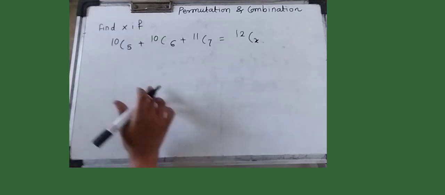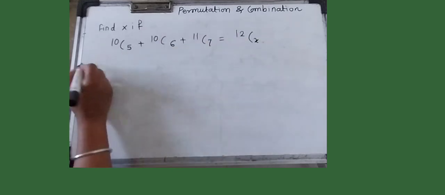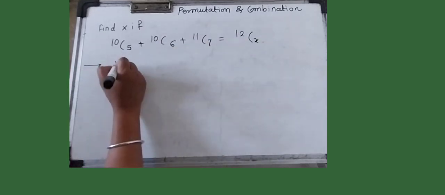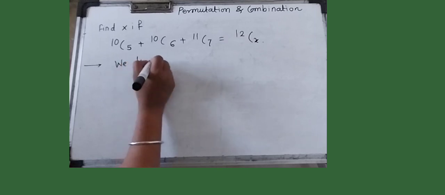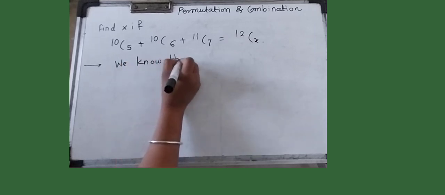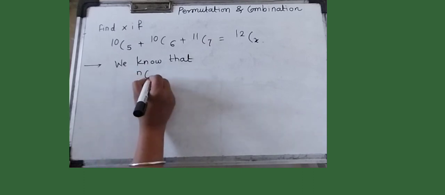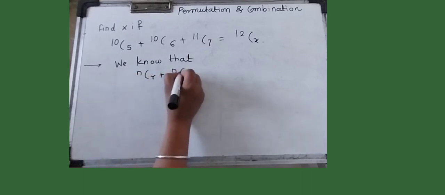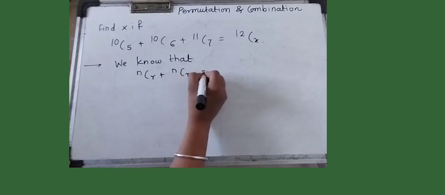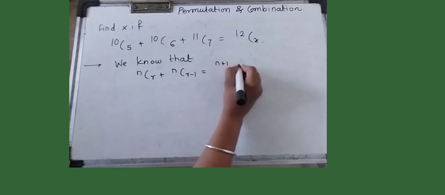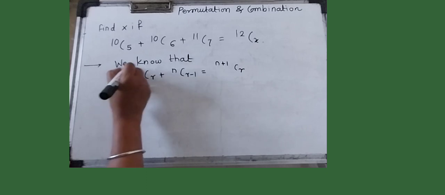See, this type of question is asked in exam for 4 marks. It is a very simple example. We know the rule, we know the theorem. Which theorem? nCr plus nC(r minus 1) equal to (n plus 1)Cr.